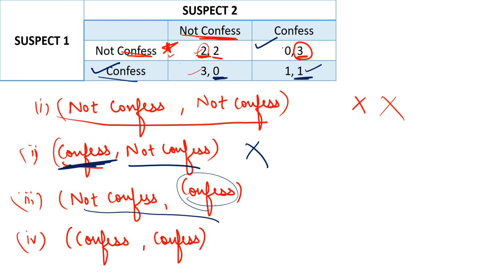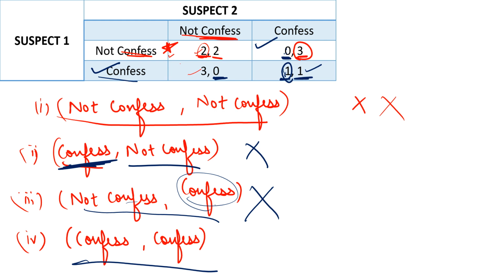Now suspect 1 has to decide whether to not confess or to confess. Obviously suspect 1 will deviate and choose 1. Suspect 1 will never choose not confess, it will always choose confess. So this is again not the Nash equilibrium strategy, because if suspect 2 chooses to confess, suspect 1 always has an incentive to deviate to confess.